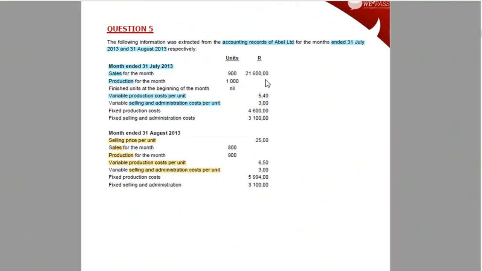Ayanda, Kathy. I didn't finish. Where did you end off? At absorption costing, and then at variable cost. So the same place as Tribile.